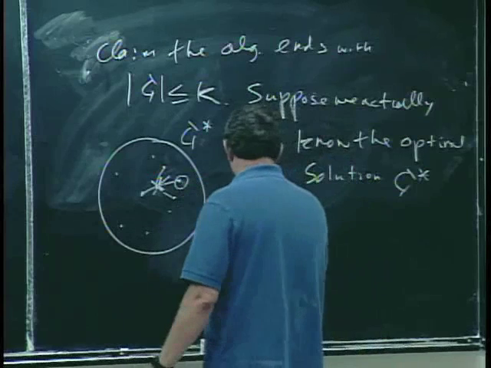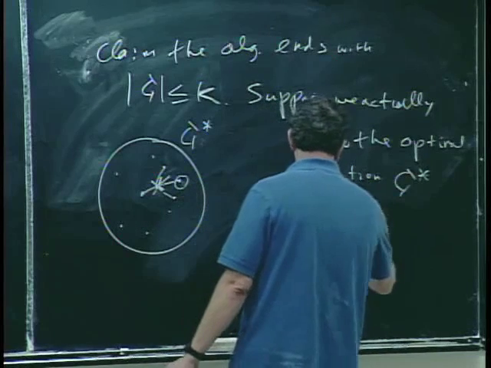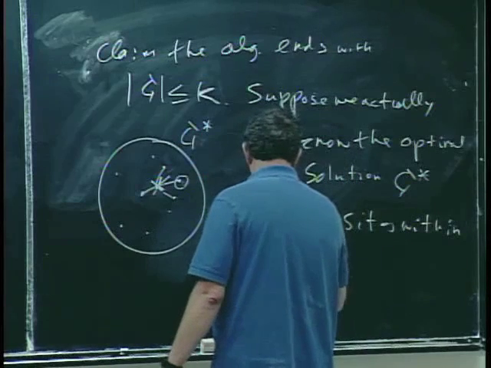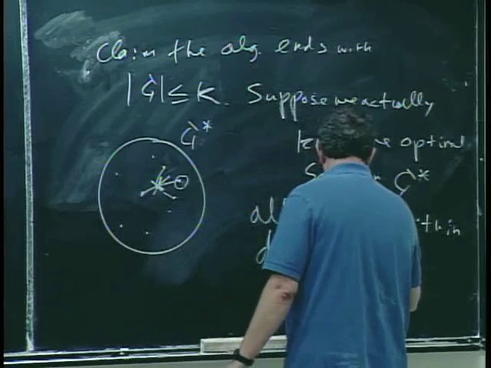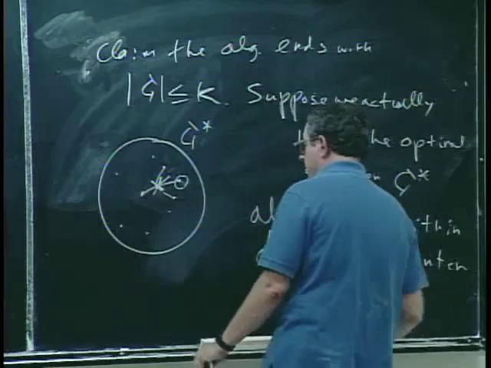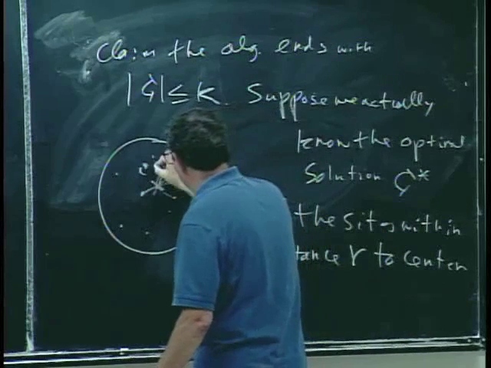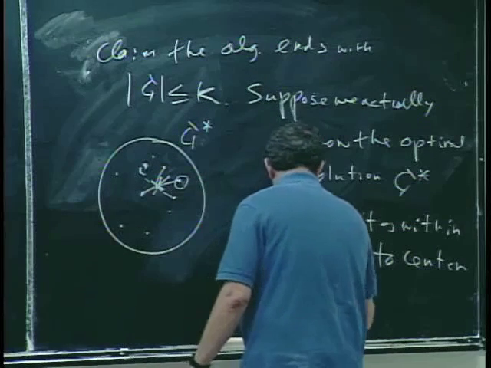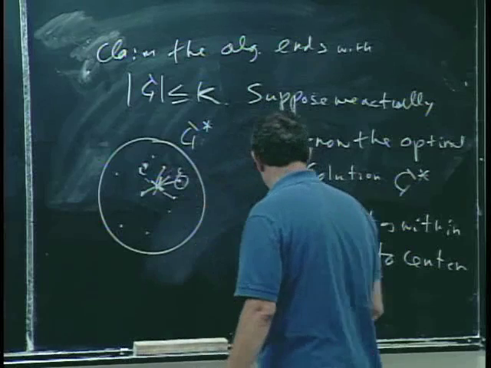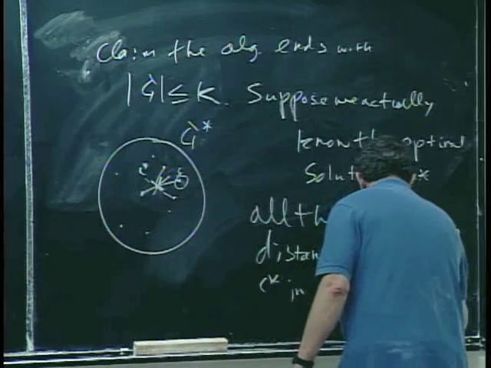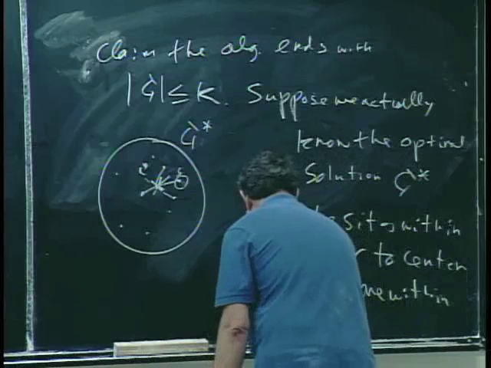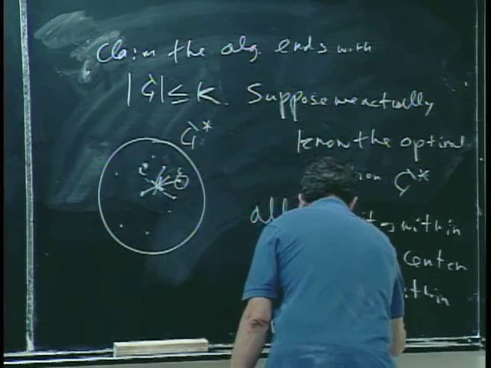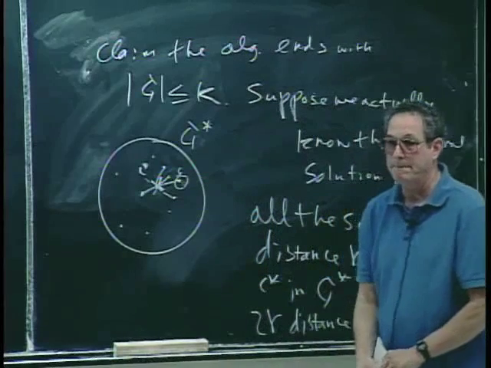So all the sites within distance R to center, I'll give this center a name, C star, center C star in the optimal, and this one was little s, are within 2R distance to little s. Why within 2R?